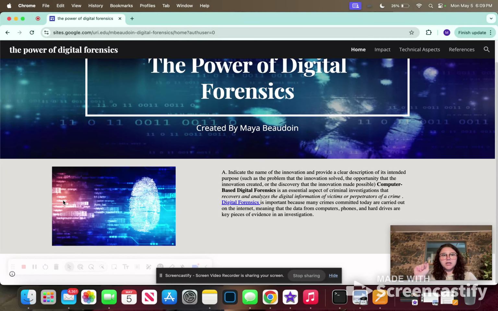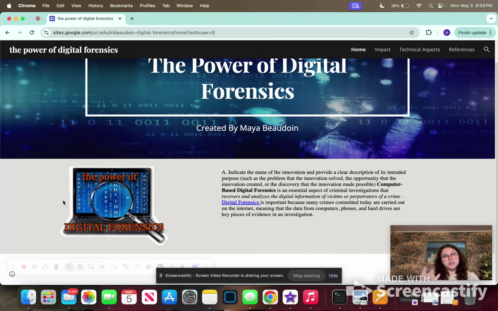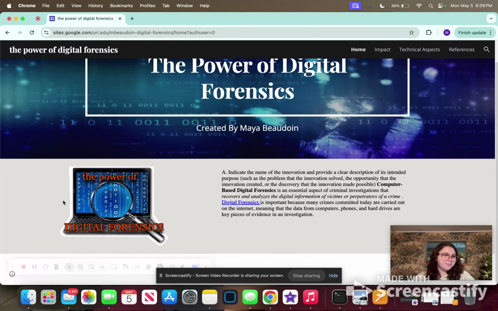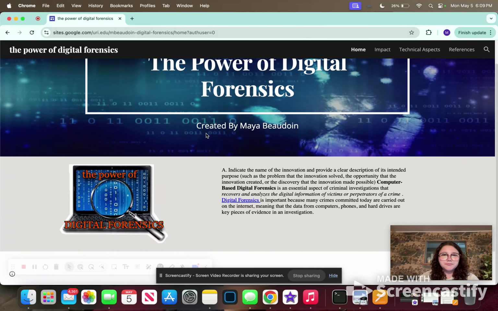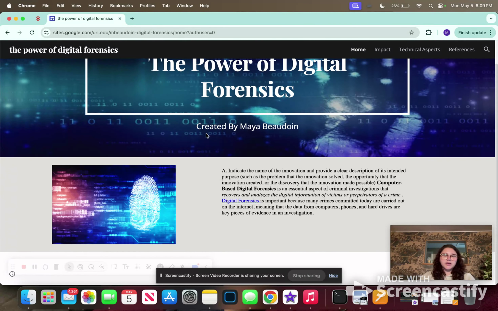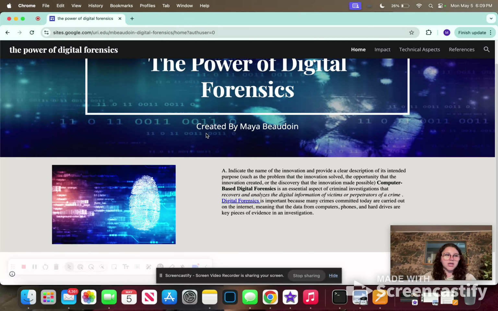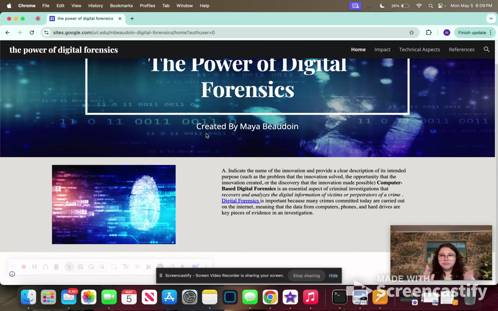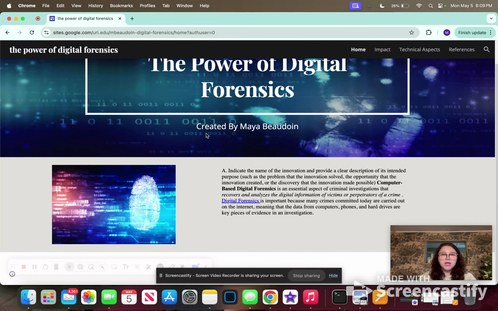I added the text and then I just clipped it and used it as a logo. So that's how I did that. And then to find specific images, I used specific search engines such as digital forensics graph or digital forensics sequence of events to find graphics that I thought were important.